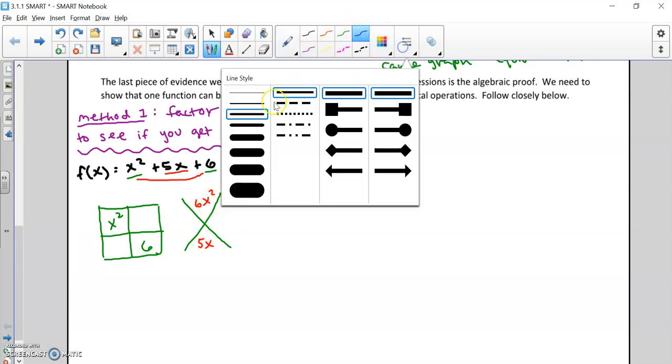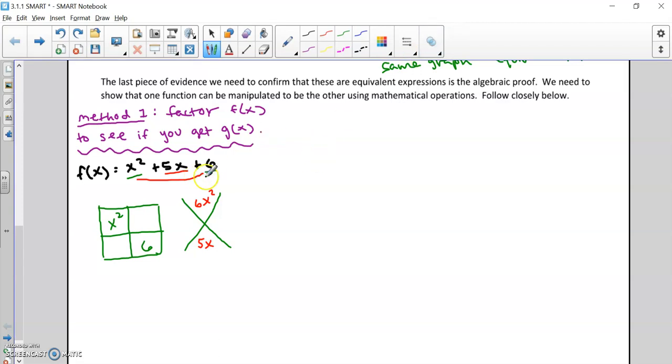Okay, and now we get to play the game, right? We have to ask ourselves, okay, what times what equals 6 and what plus what equals 5. All right, so hopefully you would eventually realize that 3 and 2 would fit the bill. Let's rewrite that. 3x and 2x, because 3 times 2 equals 6, so we're good on there, and 3 plus 2 equals 5, so we're good there. Fill out the rest of the box.